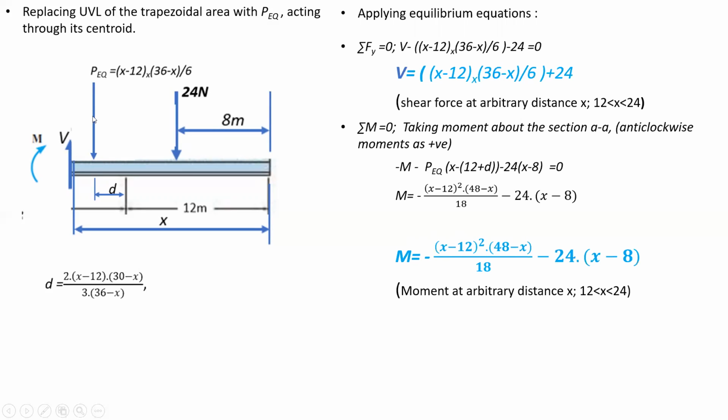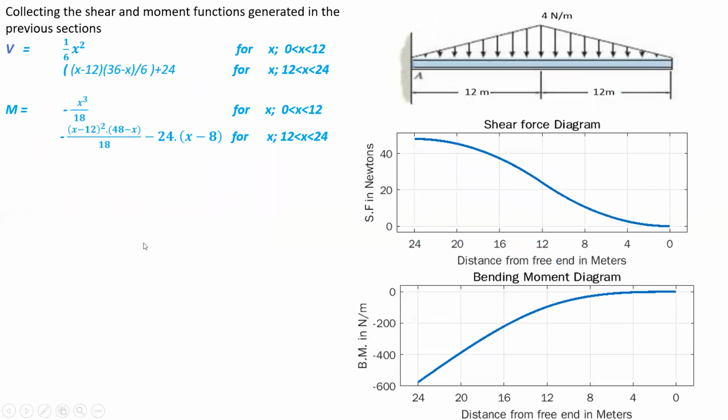So that is the distance of P equivalent from the right edge. And then minus 24 into (x minus 8). As all three are clockwise, they will be taken negative. So from here we can calculate the moment at an arbitrary distance x varying from 12 to 24 by this relation.